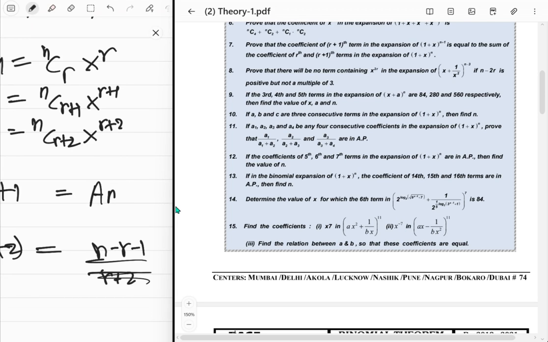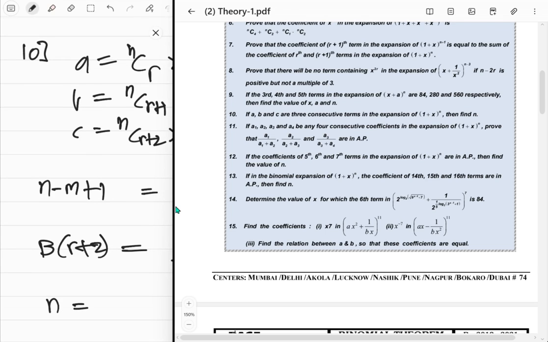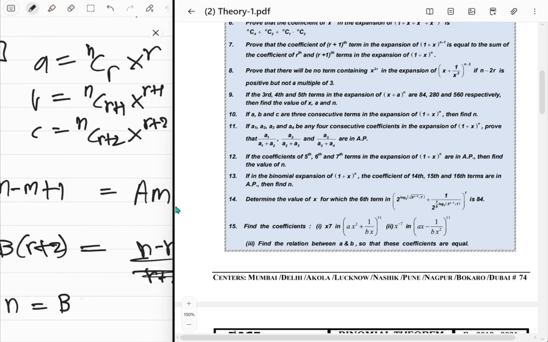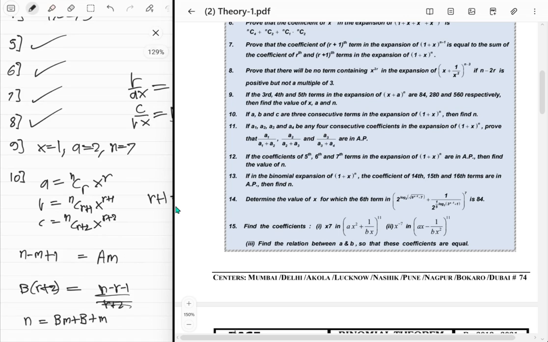And this thing will just be n is equal to b times m plus b, plus m. Now you need to figure out what this thing n is.